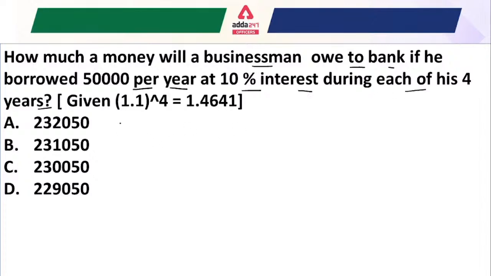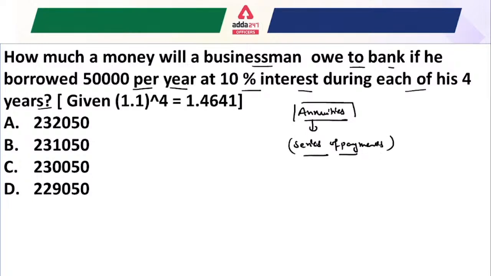The first thing to understand is what an annuity is. An annuity is nothing but a series of payments at regular intervals. Like in this question, 50,000 per year is a series of payments at a regular interval, during each of his 4 years.